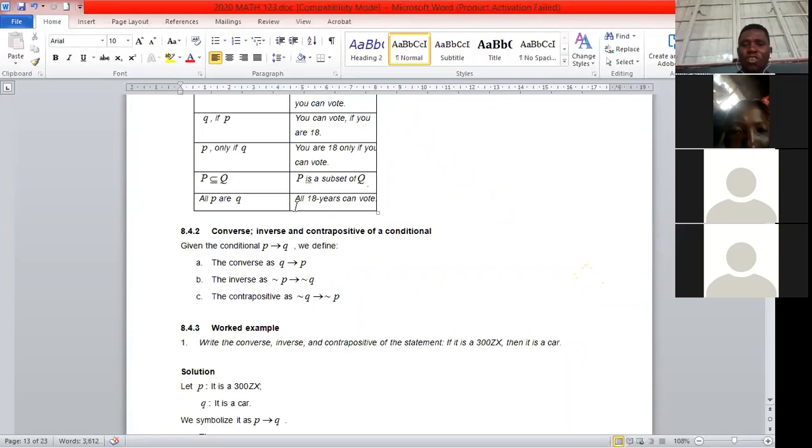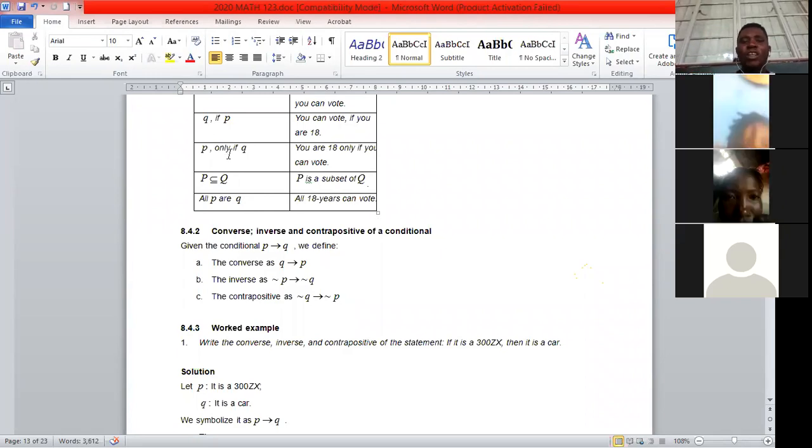Don't forget to realize that when I see a statement that all P are Q, I know it is a conditional statement, P implies Q. If I write also P is a subset of Q, as you are seeing here, note that is also a conditional statement, represented by P implies Q. P only if Q is also another way.